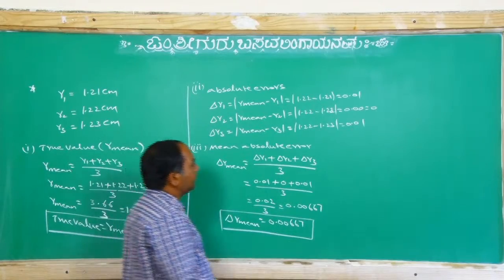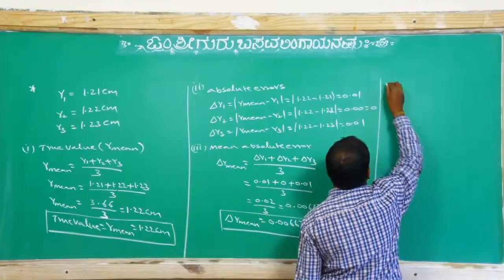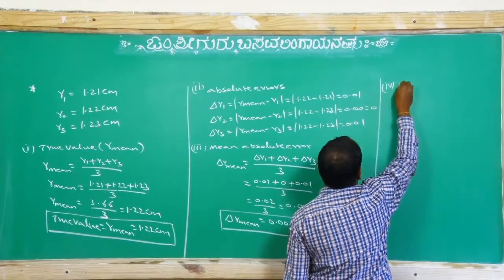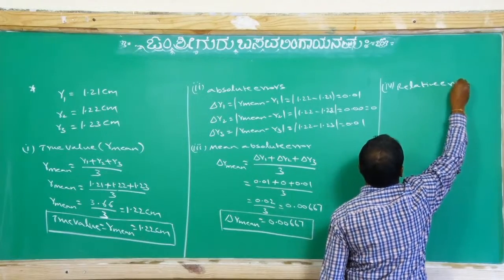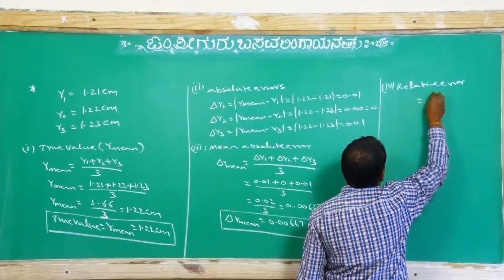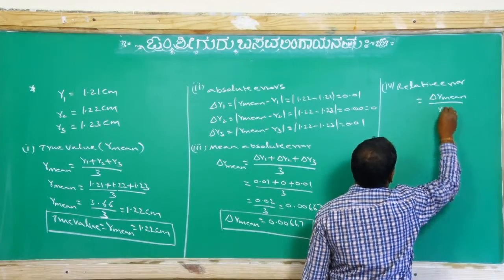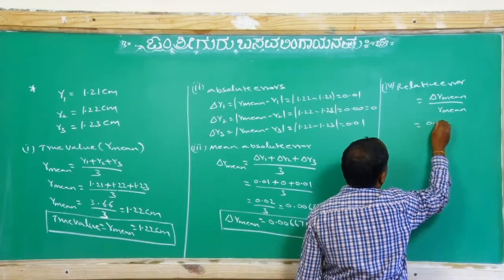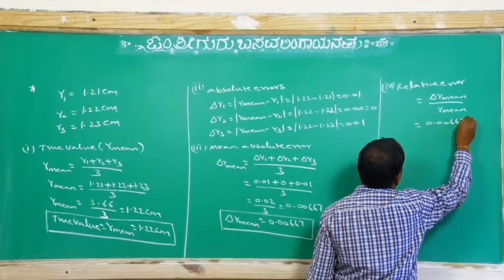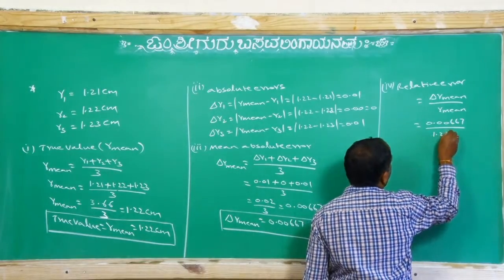Next, after this, we should find the relative error. What is the relative error formula? Relative error is equal to delta R mean divided by R mean. Delta R mean is 0.00667, divided by R mean, which is 1.22.